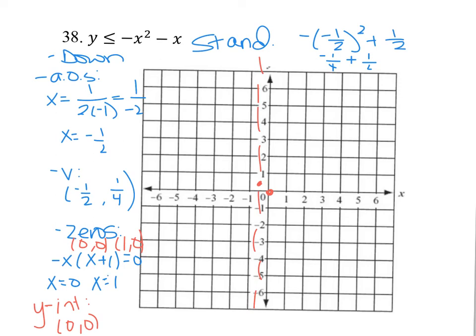That should be a +1, which would make that a -1, which would make that -1, 0. My y-intercept is 0, 0, so I'm going to just draw a solid parabola because it's less than or equal to. Because it's less than, I'm going to put my pencil on my vertex, and I'm going to draw a down arrow. And notice my down arrow is in between my parabola legs, so I shade in between my parabola legs.